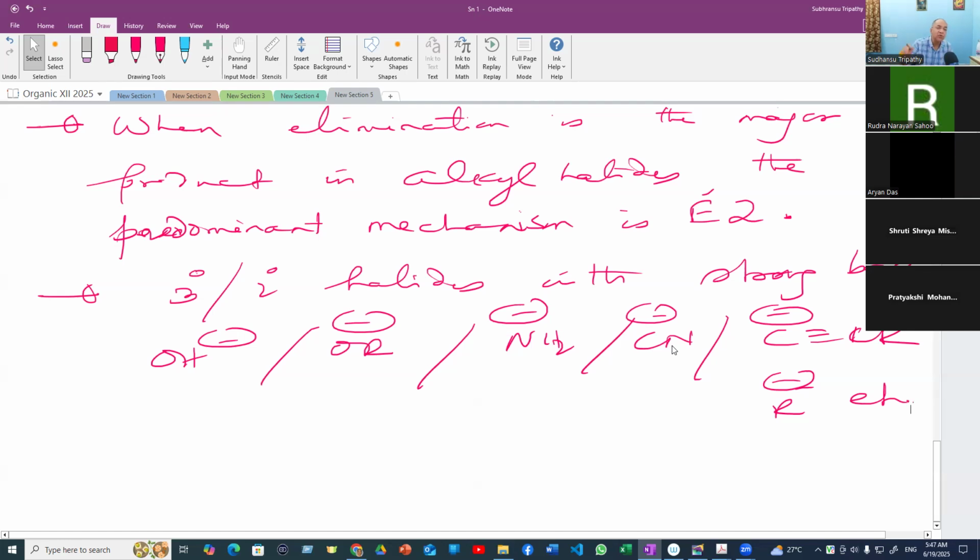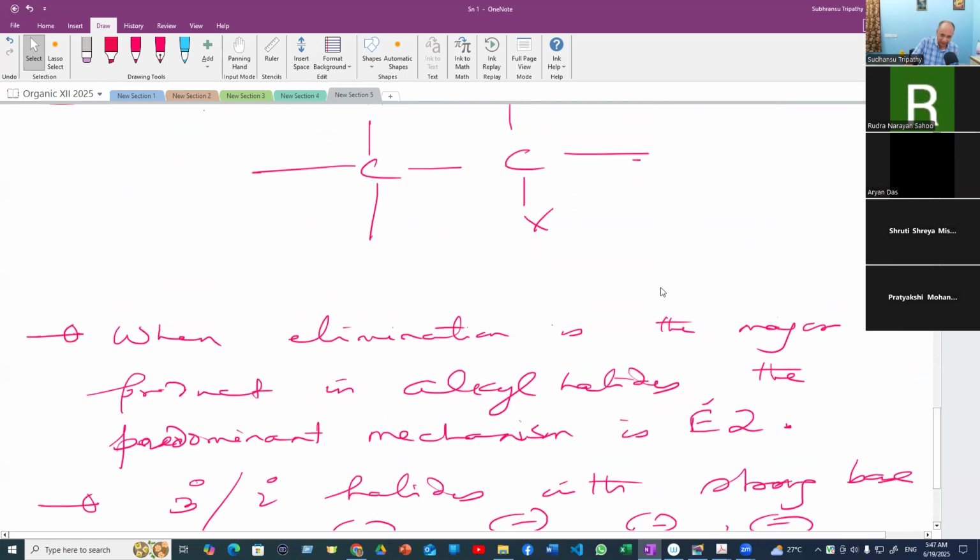And that too, the mechanism will be predominantly E2. 100% E2 as against the general belief. I will tell you a story. I will share my experience with you later.